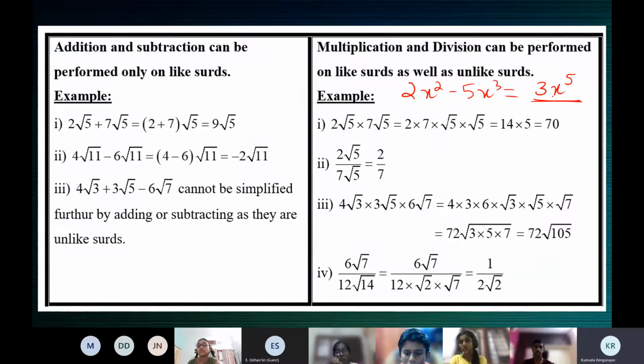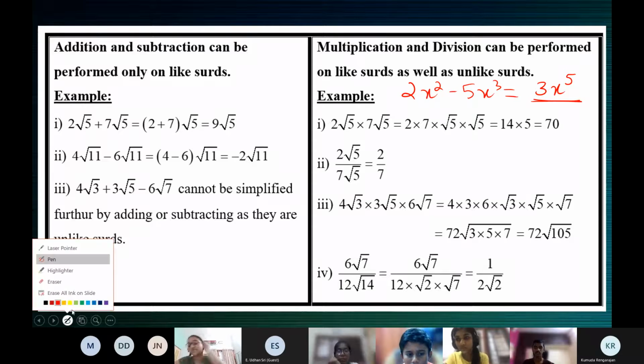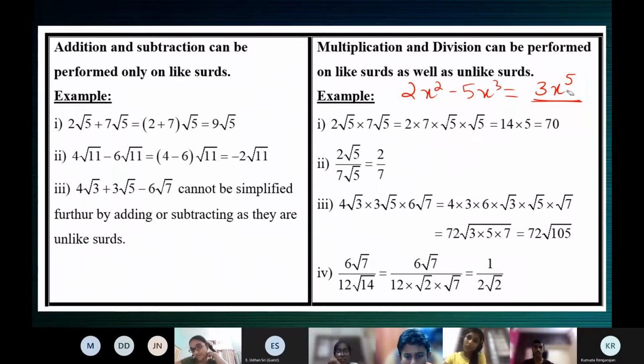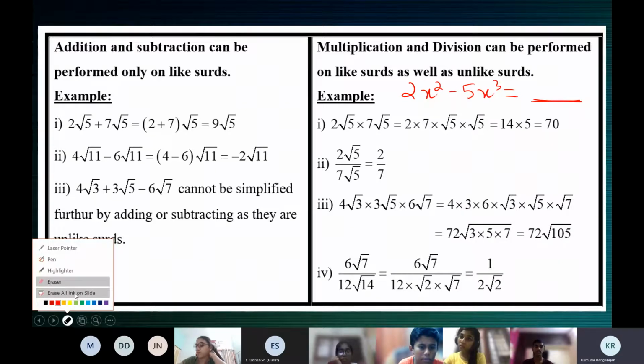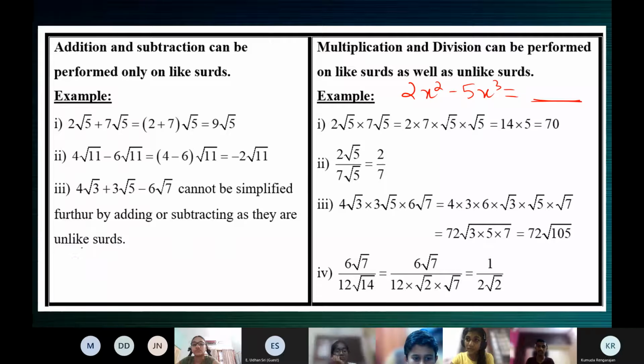Is it the same answer, 3x to the power 5? Ma'am, it cannot be added or subtracted, ma'am. Yeah, because they're unlike terms. Yes, ma'am. They are unlike terms.